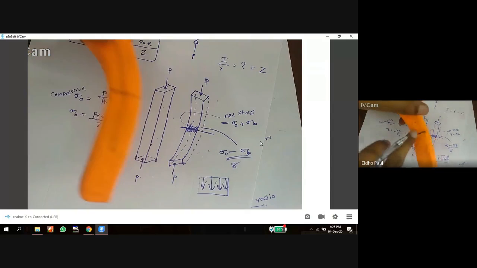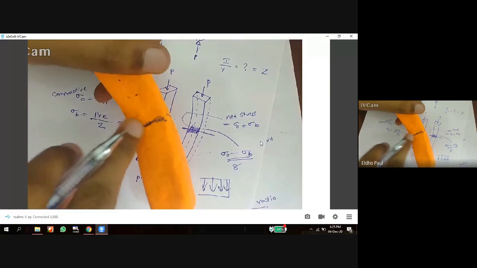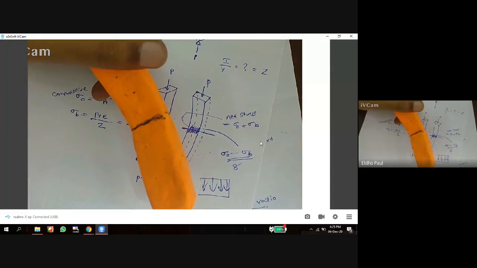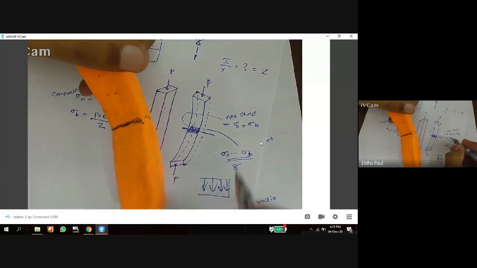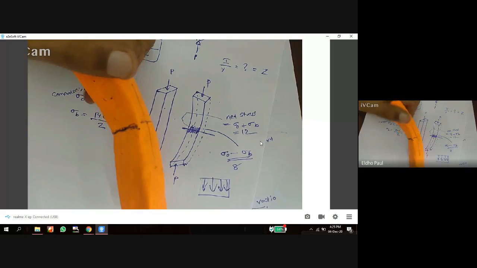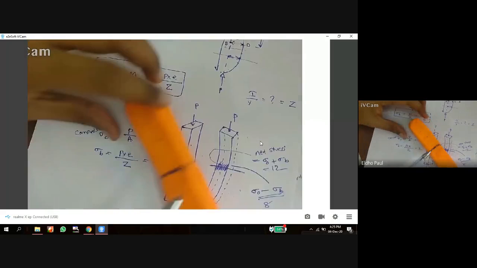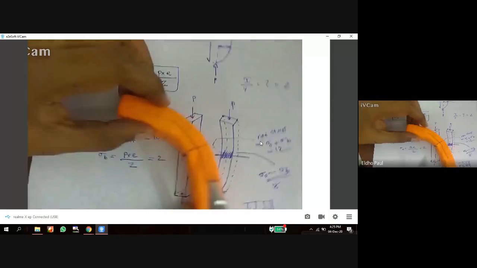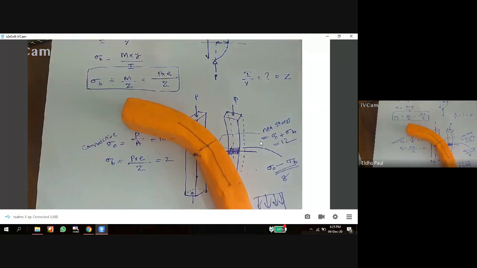But in the inner surface both are compressive, so we add both stress values, which is equal to 12. So in this column, at the center, the inner area is where maximum stress is developed. Any doubt? Any doubt in that?